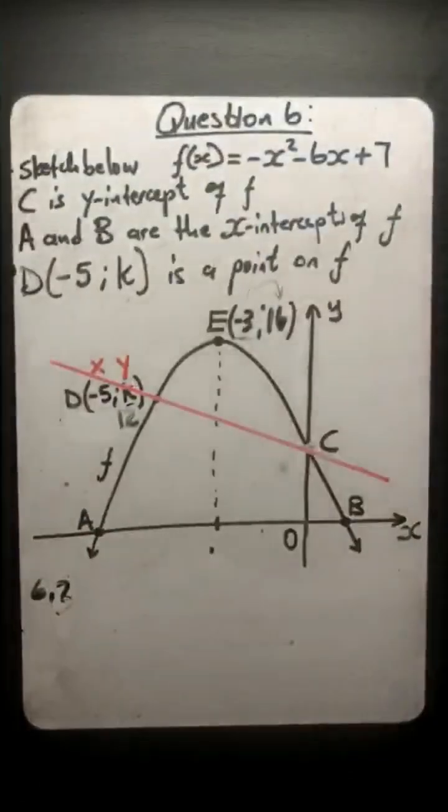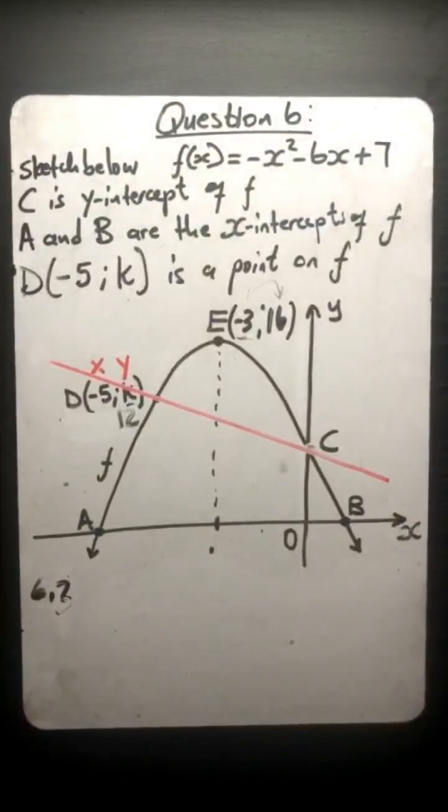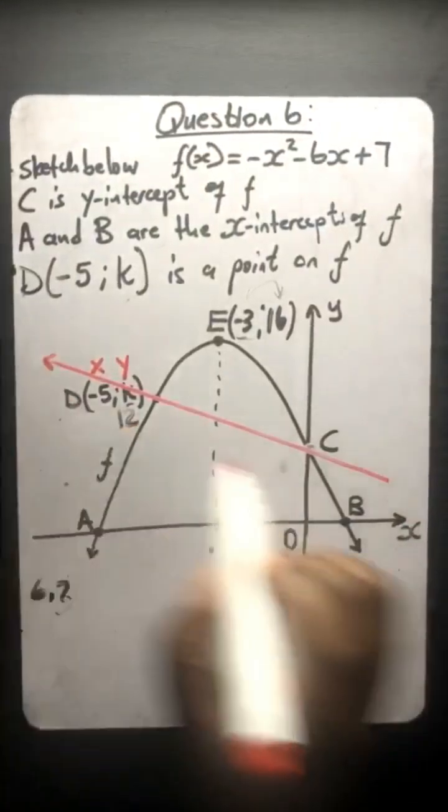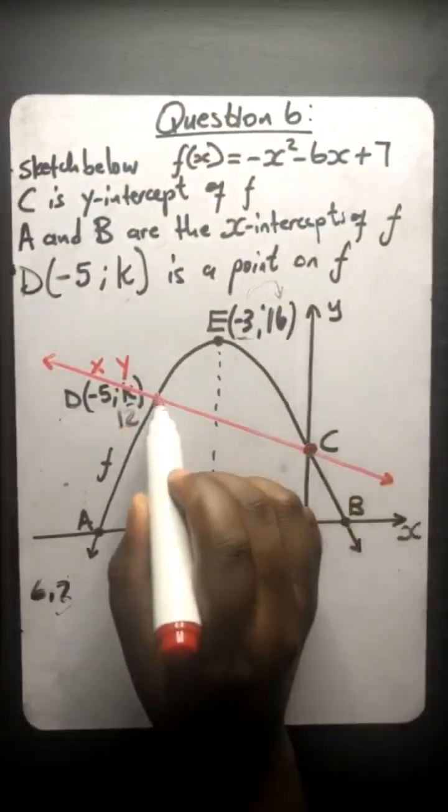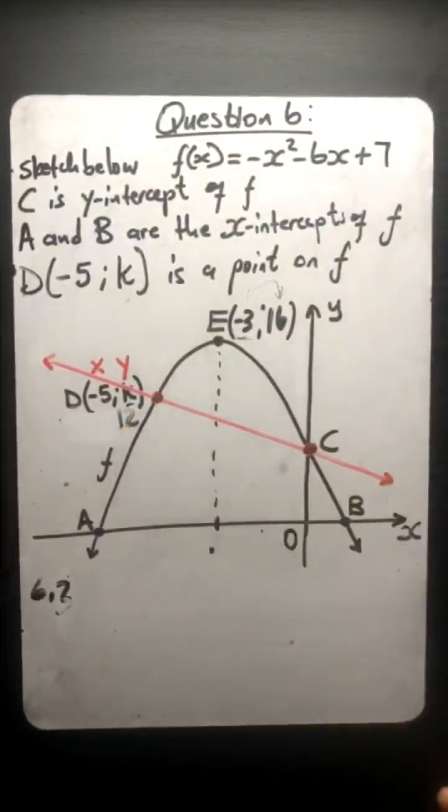Just make it a straight line like that. Can you see? They are now talking about a straight line passing through points C and D.